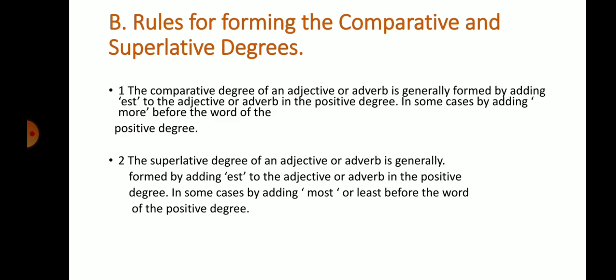So the positive word will remain the same. In your comparative and your superlative, the adjective or the adverb will remain the same. The only thing is, in the comparative degree you will have to add er, and for the superlative you'll have to add est, or more or most.